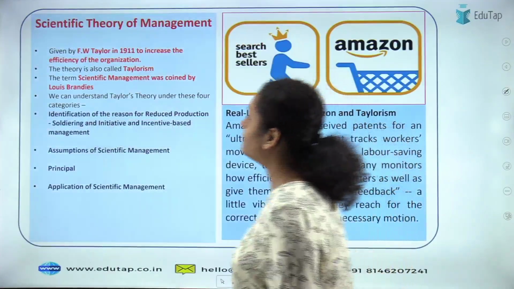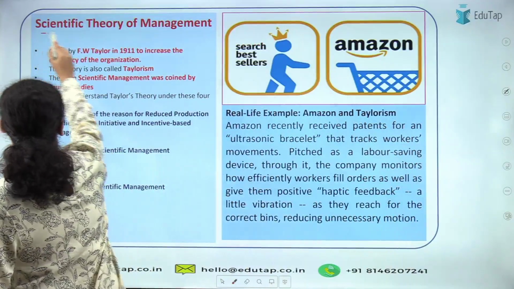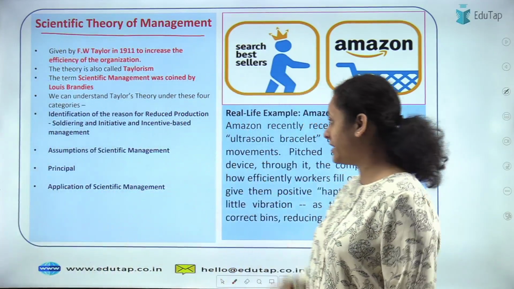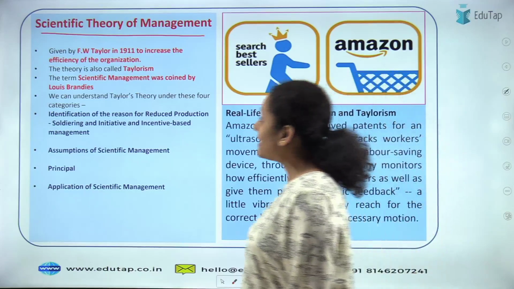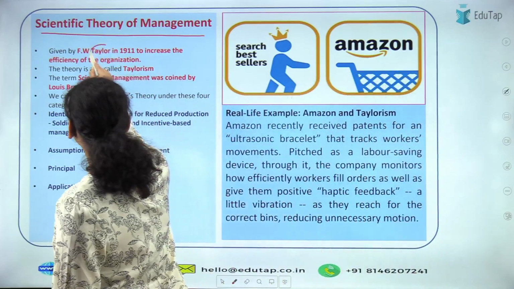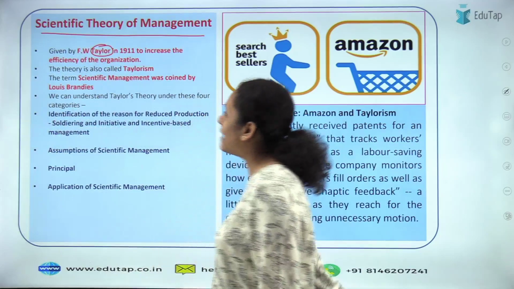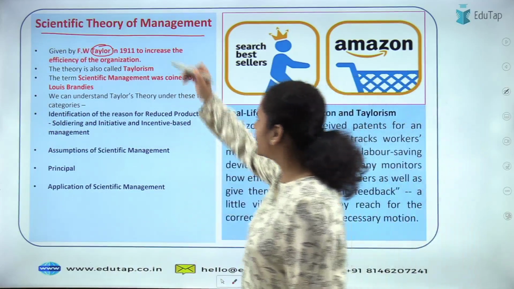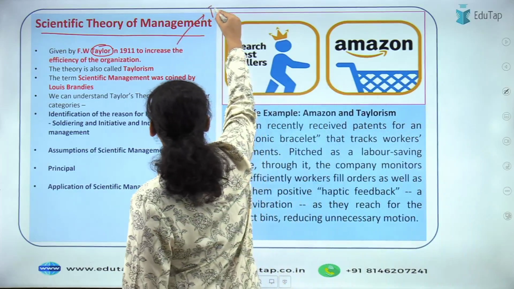Now, keep in mind, who is known as the father of scientific management theory? Taylor is known as the father of scientific management theory, which is why this theory is also known as Taylorism.